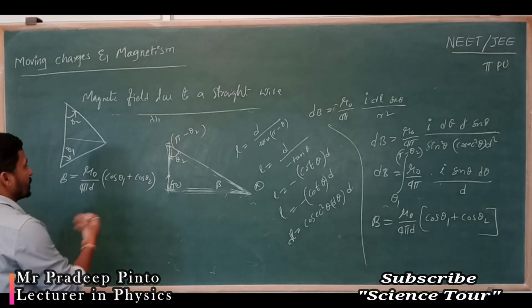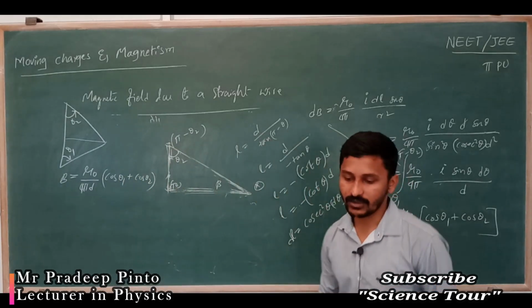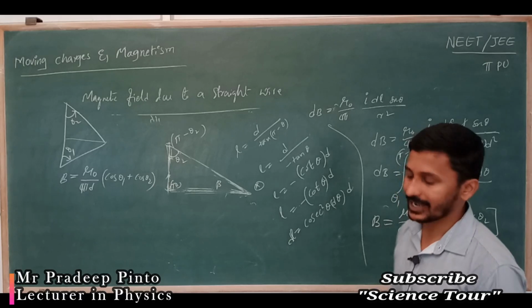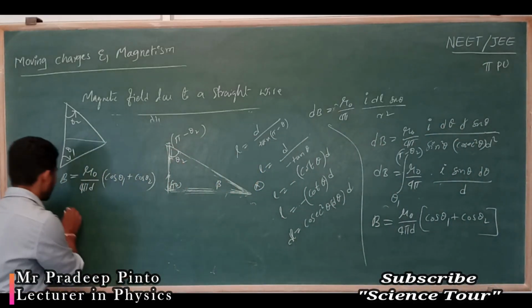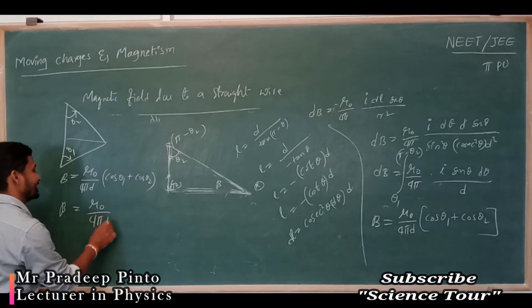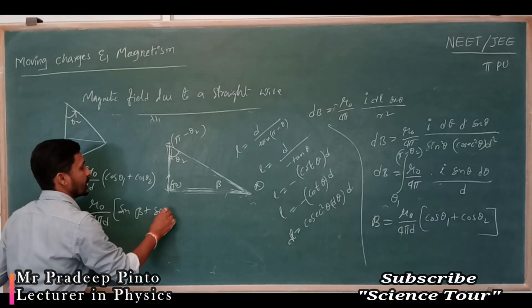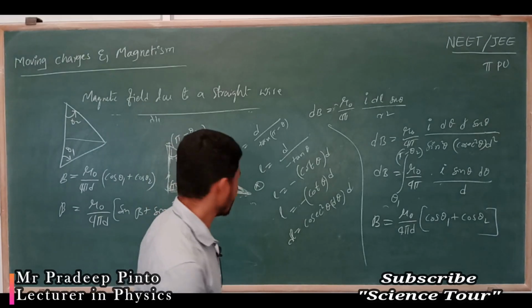Again, cos theta 1 you can write in terms of another angle, so that you can also get the formula in terms of sine. If you write it down, B is equal to mu naught divided by 4 pi d into sine beta plus sine alpha.